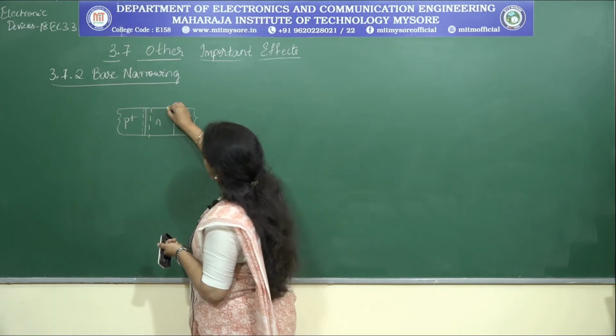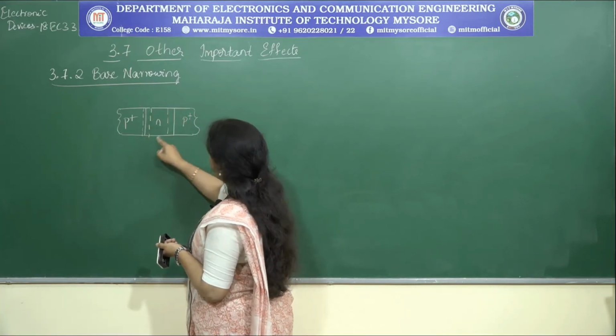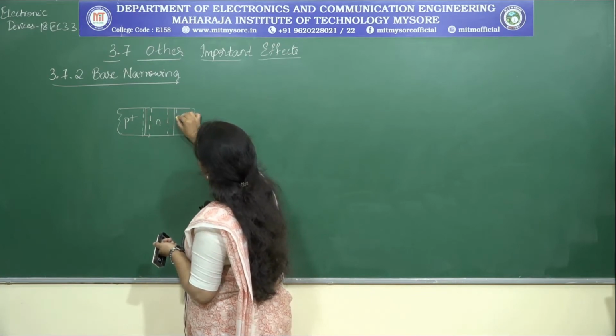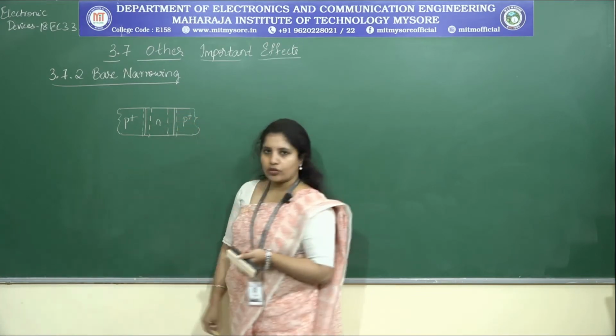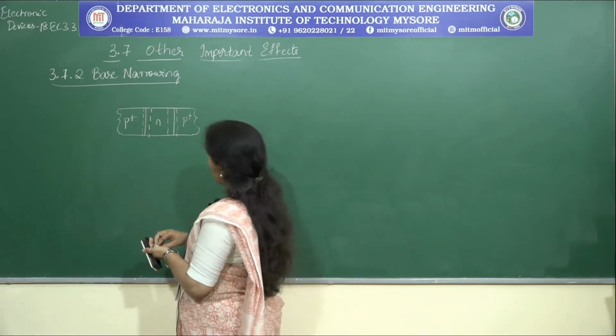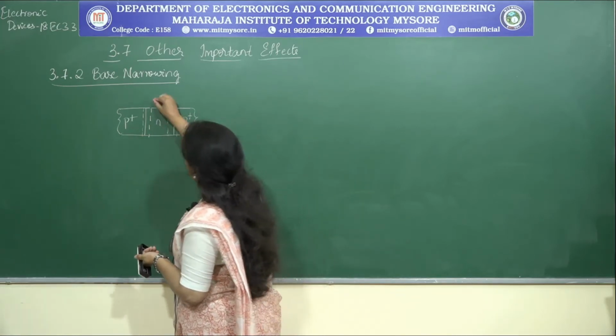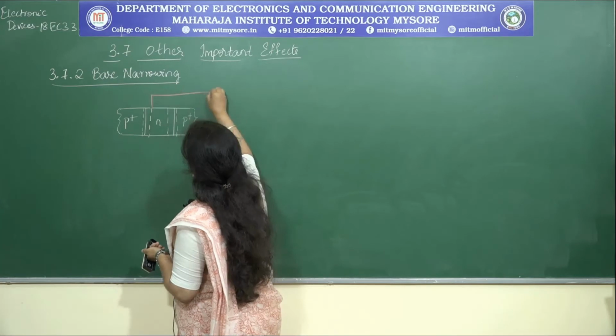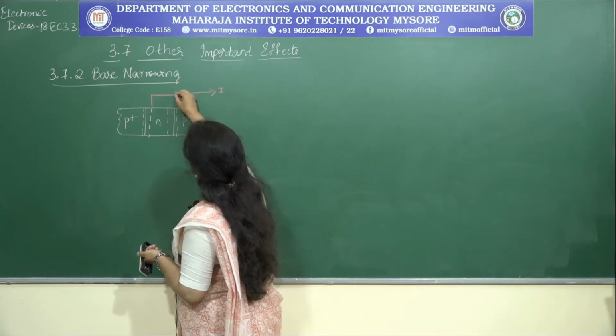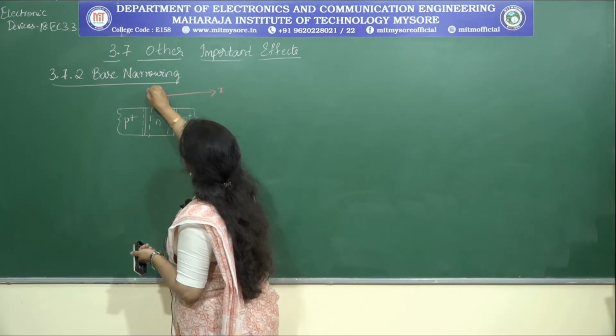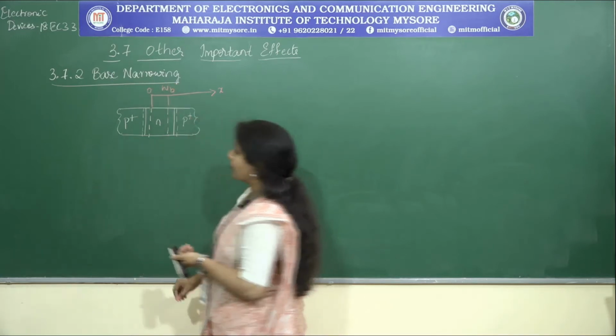Here also it can be a little wider, the same distance that you have to follow. Now if I want to measure the distance of the base, this is the x through which I am measuring, and this is 0 and this is WB.